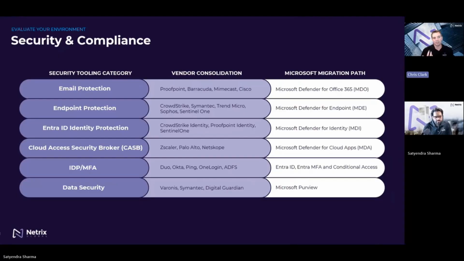So kind of continuing on with the cloud access security broker, so things like Zscaler, Palo Alto, or Netskope, we commonly run into. You have Microsoft Defender for Cloud Apps capabilities. And overall identity, one overlooked area is kind of an IDP or identity provider. So usually with enterprise organizations, you might run across ADFS or Okta or Ping or OneLogin.